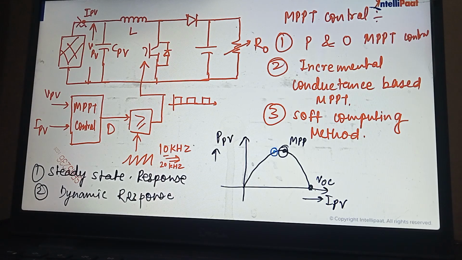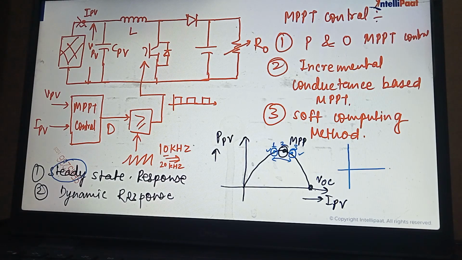Your operating point would be at this place or at this place, or it is continuously fluctuating from point 1 to 2, then 3, and then coming back to 2 and 1. This response is known as the steady state response, because the point is fluctuating in nature. Sometimes it is at position 1, sometimes at position 3.